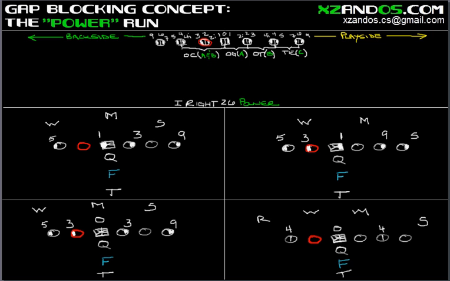And the backside offensive tackle here is responsible for anything from a 6 technique over to a 4 technique. That's the offensive tackle. And the gap he is responsible for is the backside C gap.